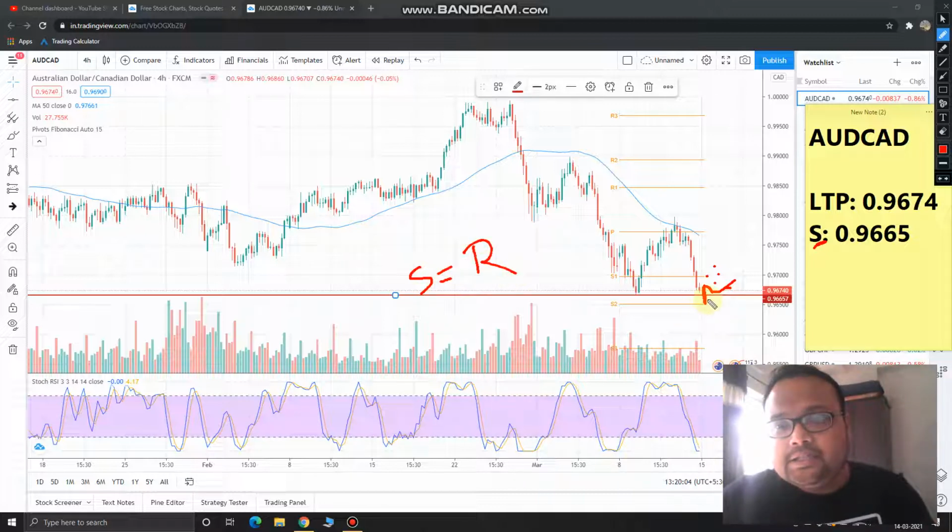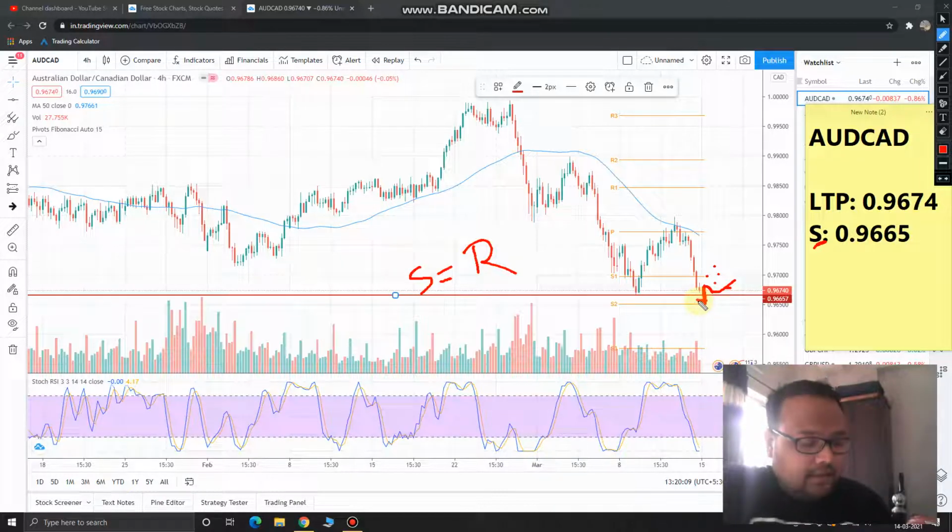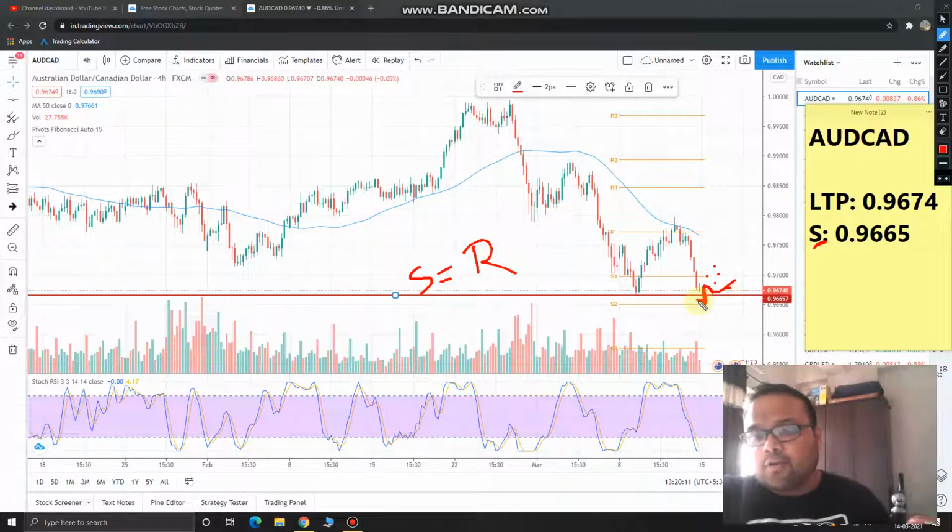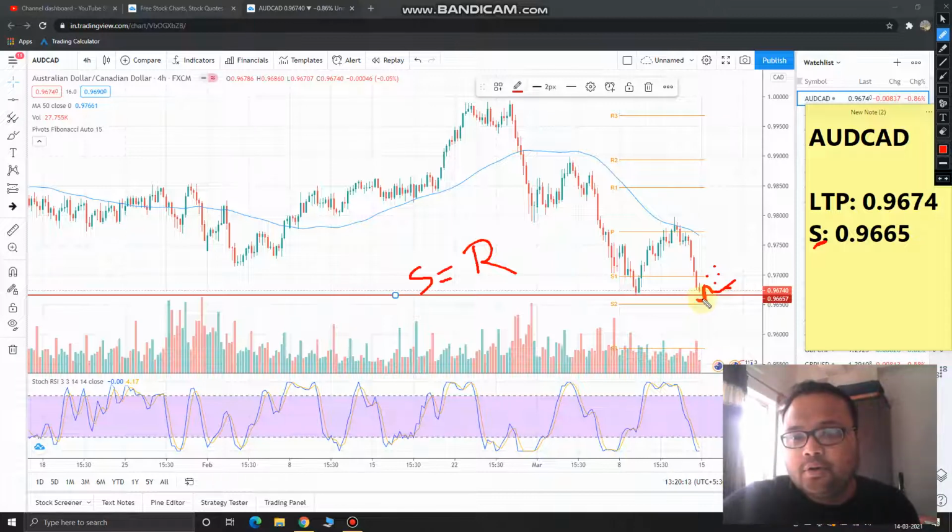In that case you can short the market here, but make sure that the price is being supported by volume. So you can short the market here once you observe that this support has become the resistance, and in case it bounces from here, then you can go ahead and buy.